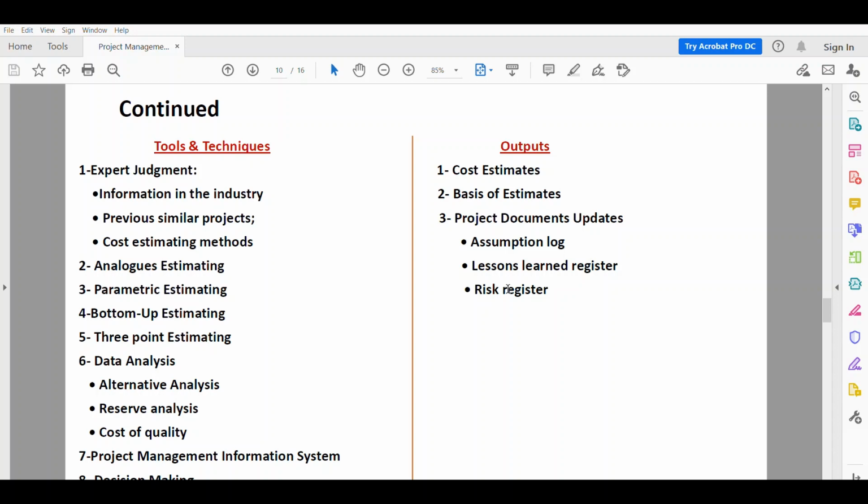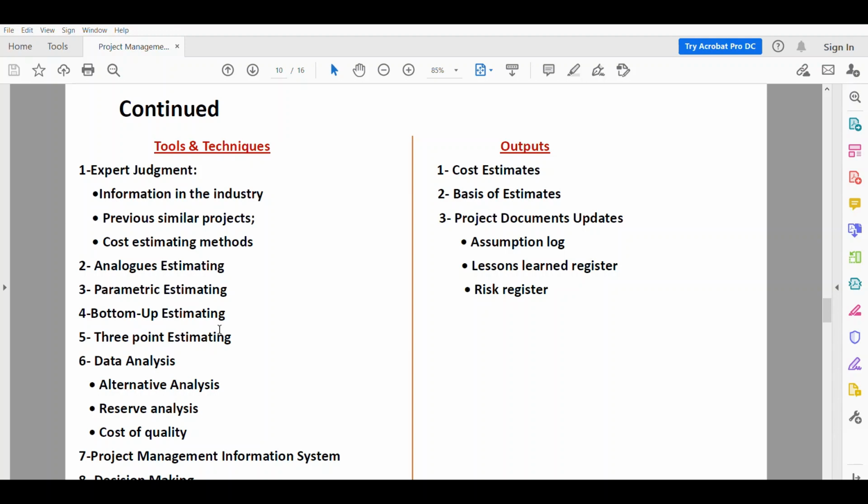The tools and techniques, the expert judgment, which is the information in the industry from previous similar projects, and cost estimating methods. And four types of estimating: analogous, parametric estimating, bottom-up estimating, and three-point estimating.